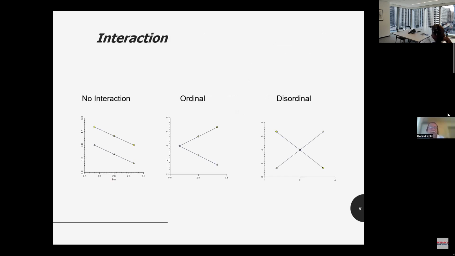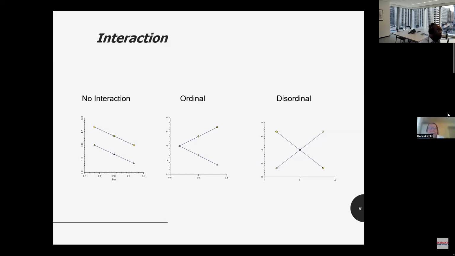So if you have no interaction, what you're going to see, if you have comparison groups over time or some other variable like age, maybe, is that the lines will be essentially parallel. If we have what's called an ordinal interaction, then our starting point, or maybe our ending point, is essentially the same for the comparison groups.